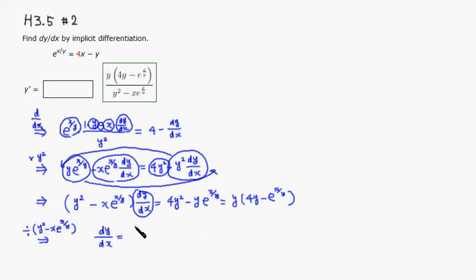Then the right hand side is y times the quantity 4y minus e to the x over y. Right? Then divided by y squared minus x e to the x over y.